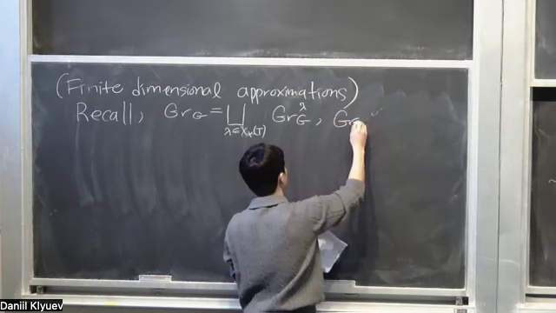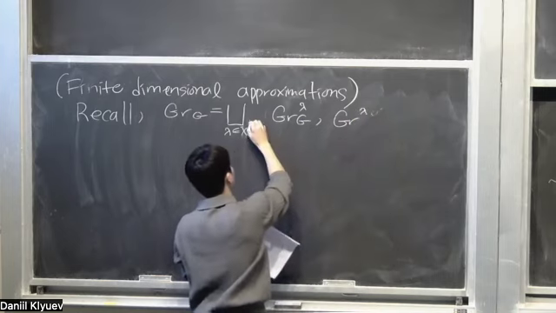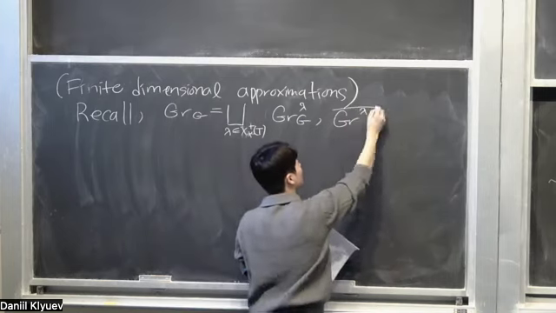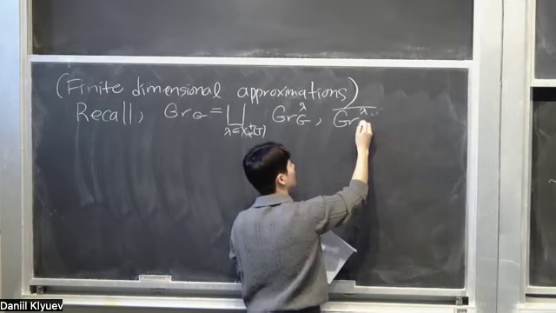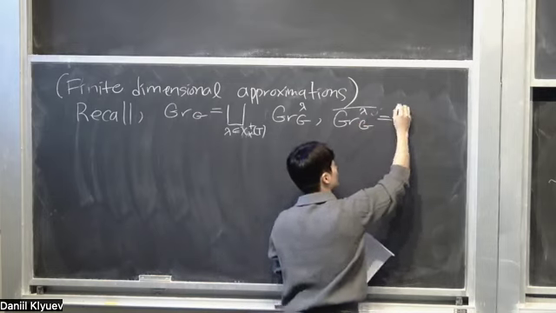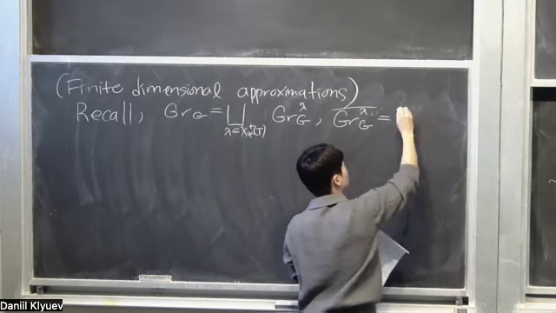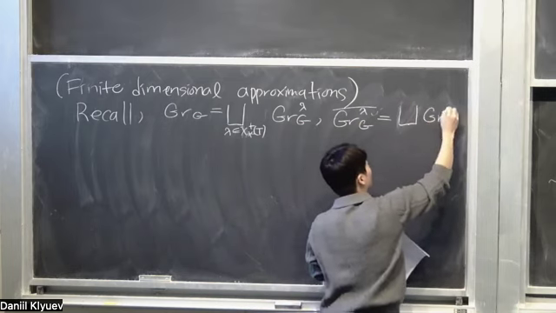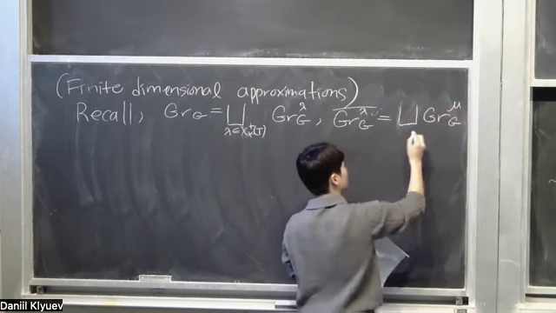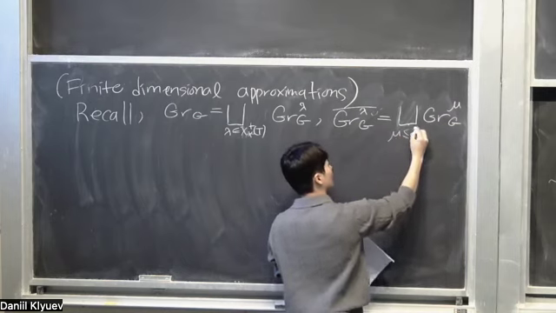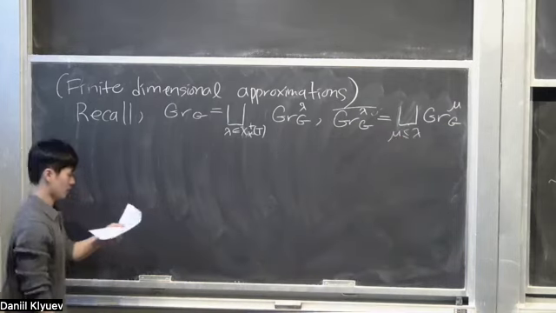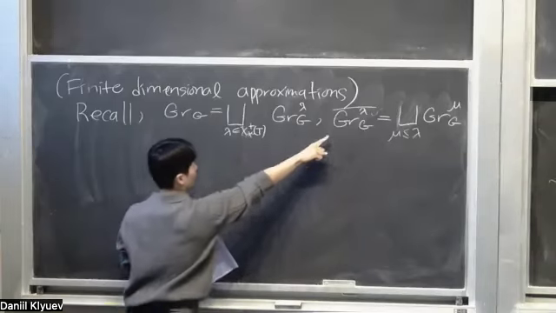If you take the closure of any, that's the disjoint union of all the mu that are bounded above by lambda. So these are called Schubert varieties.